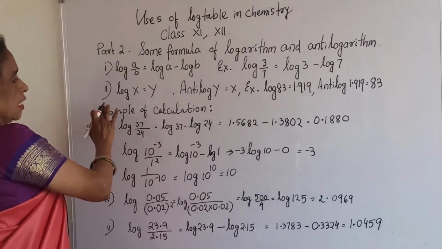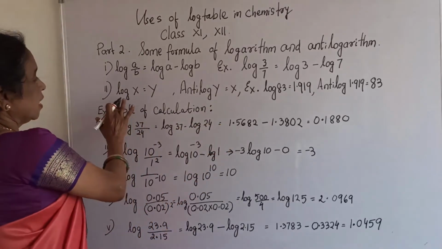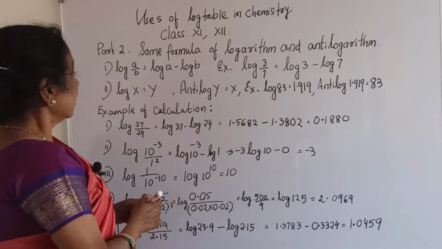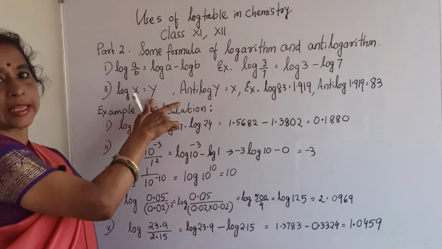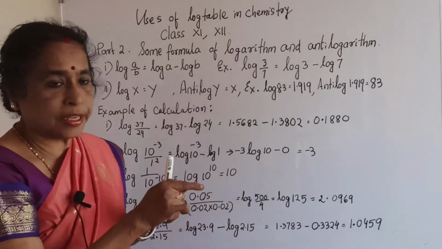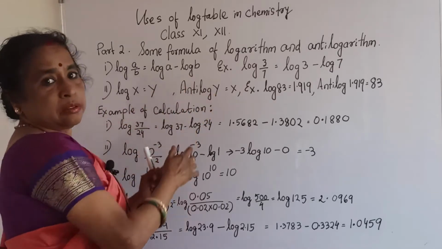Then next is anti-logarithm. What is anti-logarithm? Let us see here, log x equal to y. Then what is anti-log of y? That is equal to x. Again see, if log x the value is y, then anti-log of y equal to x.